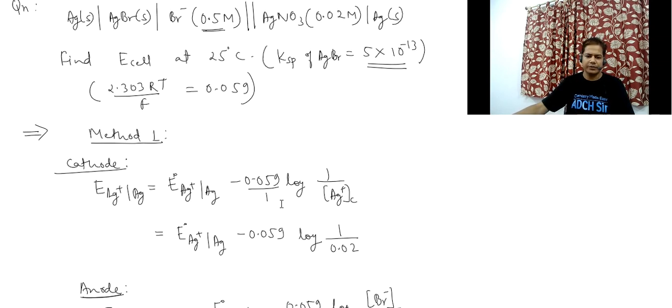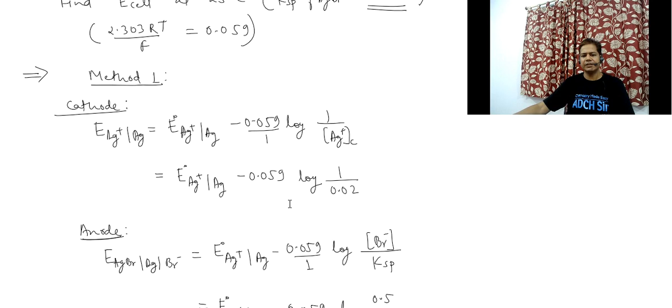So E cathode we have calculated, E anode we have calculated. Let us further simplify this. E cathode will be equal to log of 1 by 0.02. 1 by 0.02 can be written as 100 by 2, which is equal to log 50. Log 50 can be written as log 10 plus log 5.